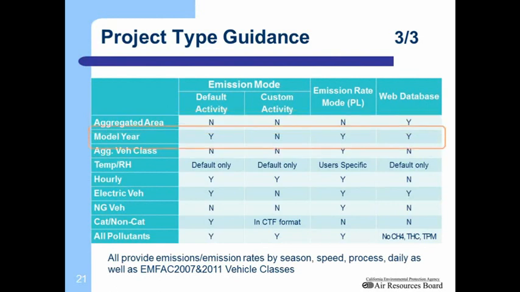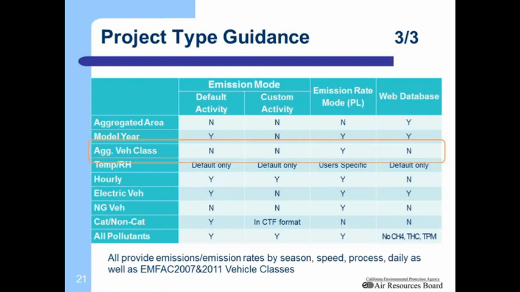For model year, except for the custom activity, which does not provide model year level details, all the other three will provide model year level detail. And as mentioned, in terms of vehicle classes, all will provide both EMFAC 2007 and 2011 vehicle class level details.